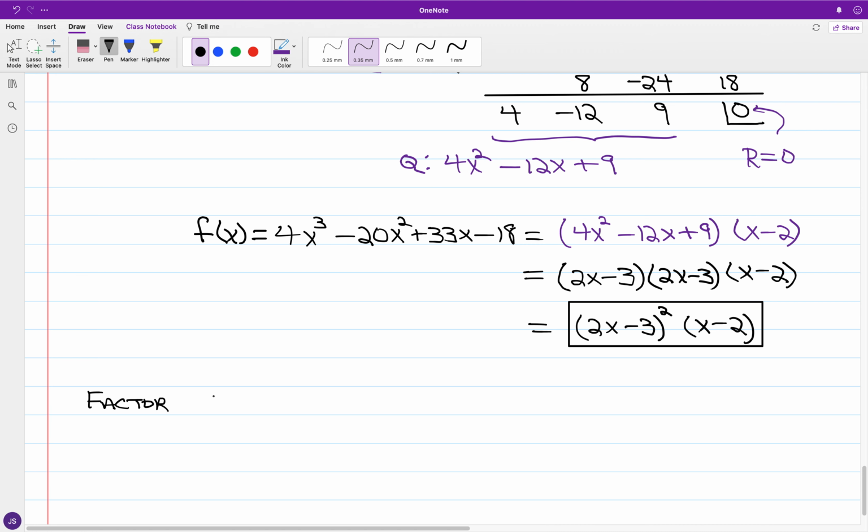We have f of x is equal to 3x cubed minus 41x minus 28, and we're given that 4 is a 0.